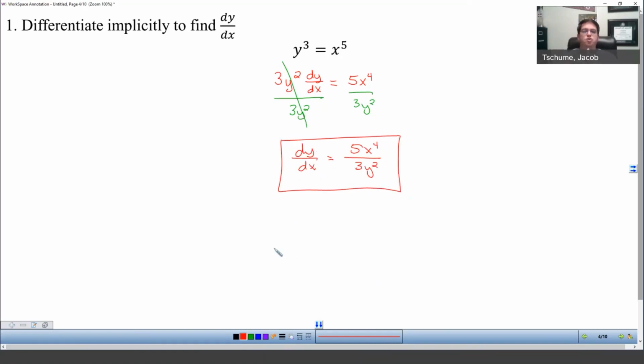This will be the derivative of your implicit function. One big thing you will notice today is that the derivatives of these functions will have not only x's like we're used to, but they'll also have y's in them as well. So it is okay to have x's and y's in your final derivative when you do implicit differentiation.